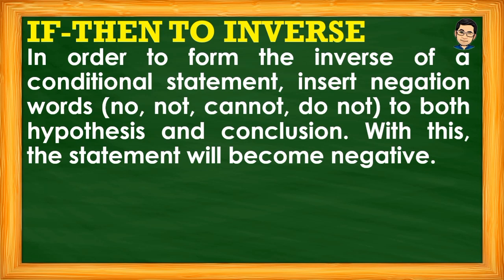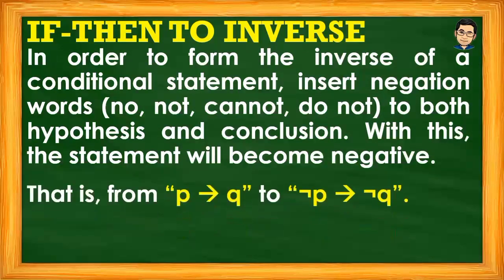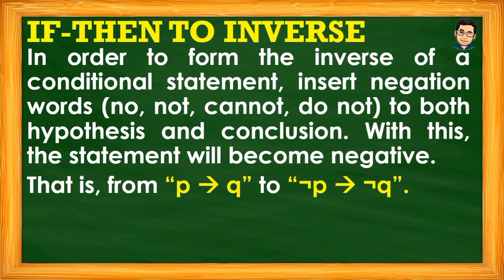Rather, we will add negation words like no, not, cannot, do not. And then, syempre, pag dinagyan natin ng mga negation words na yon, ang ating conditional statement ay magiging negative. So, that is P implies Q to negation P implies negation Q.